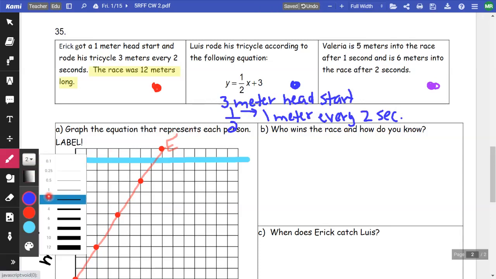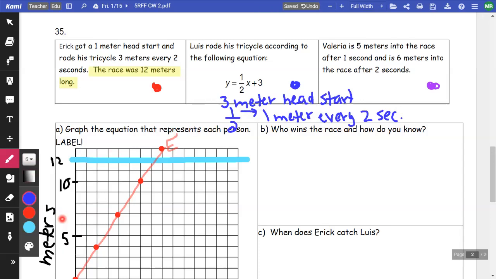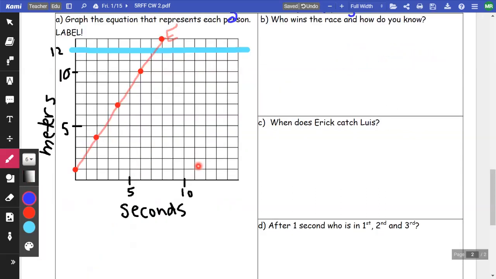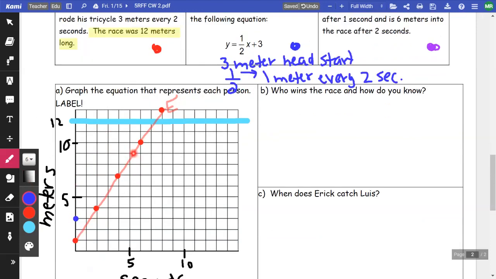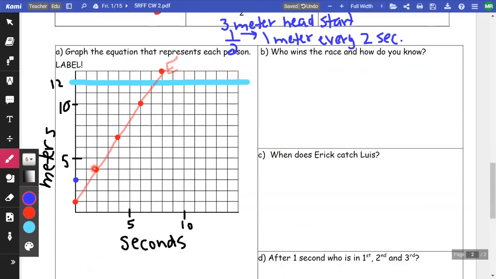So let me get a thicker one here. Okay, so he's going to be starting at 3 meters. 1, 2, 3 meters. And he's going to be going 1 meter every 2 seconds. So these actually ran into each other. 1 every 2, 1 every 2, 1 every 2.